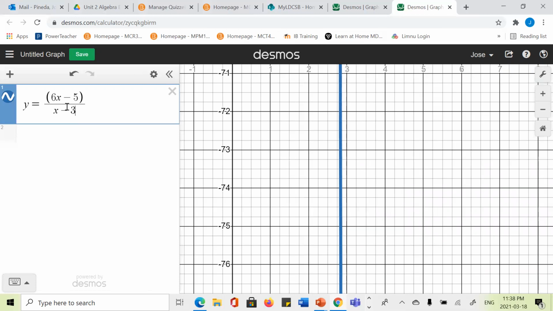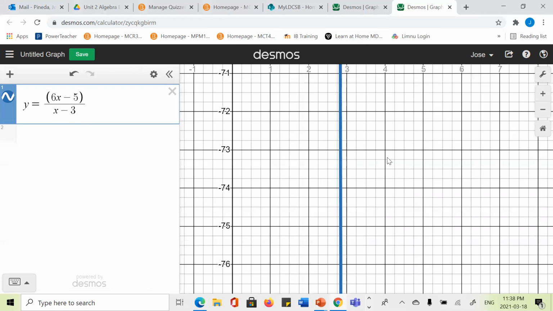So why is that significant? Well, if you notice, the vertical asymptote is 3, and that matches up with the fact that the denominator has a 0 at 3. So if I sub in 3 into this function, I'm going to get a denominator of 0. And we know that we can't divide by 0.